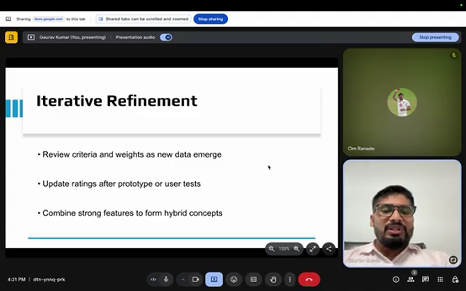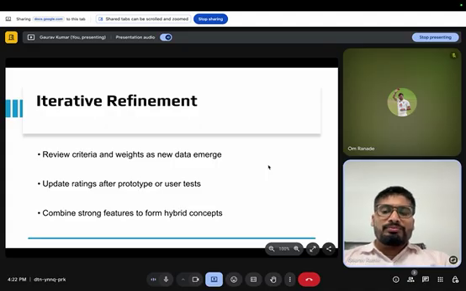So this adaptability ensures that the evaluation remains accurate as knowledge evolves. Okay, so iteration prevents premature fixation on early scores and encourages continuous learning. So teams can integrate user feedback, manufacturing feedback or cost updates into later scoring rounds.